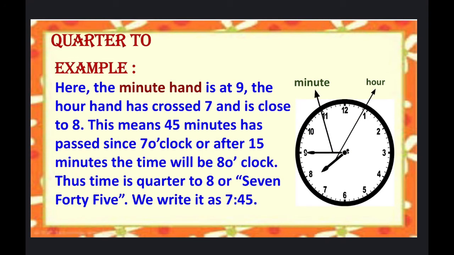For example, in this clock, the minute hand is at 9, the hour hand has crossed 7 and is close to 8. This means 45 minutes have passed since 7 o'clock, or after 15 minutes the time will be 8 o'clock. Thus, time is quarter to 8 or 7:45. We write it as 7:45.